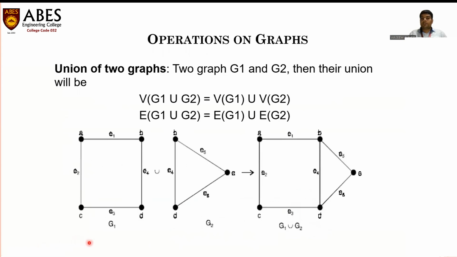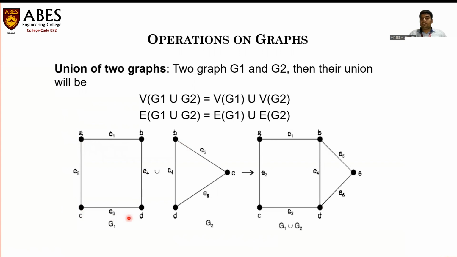There are certain operations that we are going to perform on graphs, the first being the union of two graphs. The union of two graphs G1 and G2 is given by a formula: the vertex set of G1 union G2. Suppose we have two graphs G1 and G2. We take the union of all the vertices.